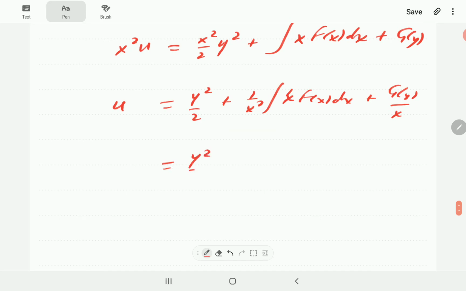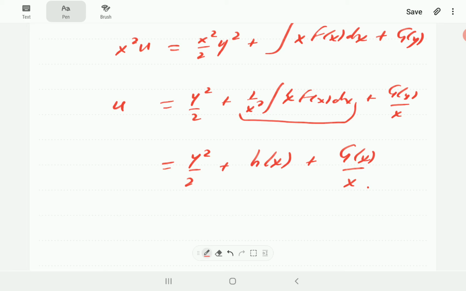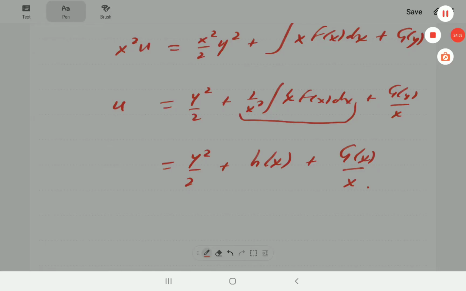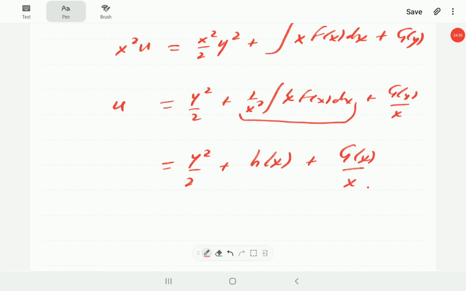And then the middle term here is all just a function of x, so we can write that as h of x, plus g of y over x, and that's going to be our general solution.